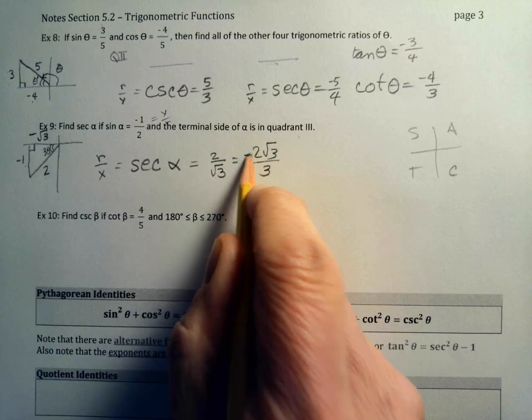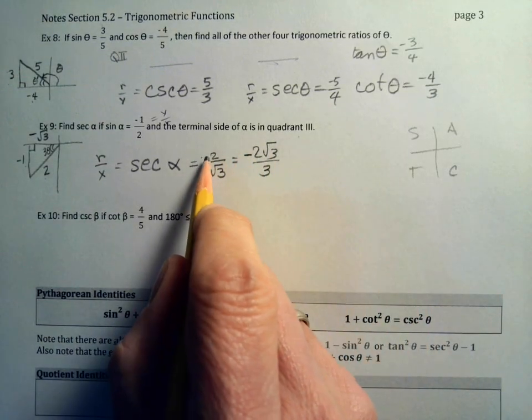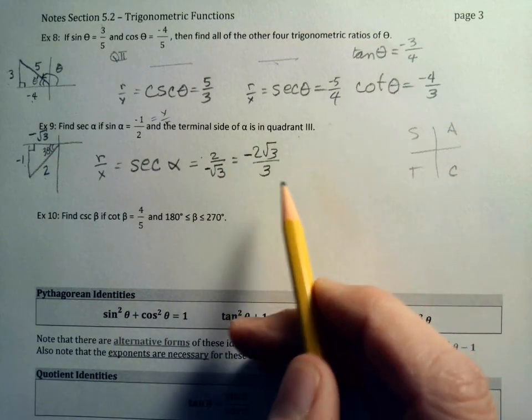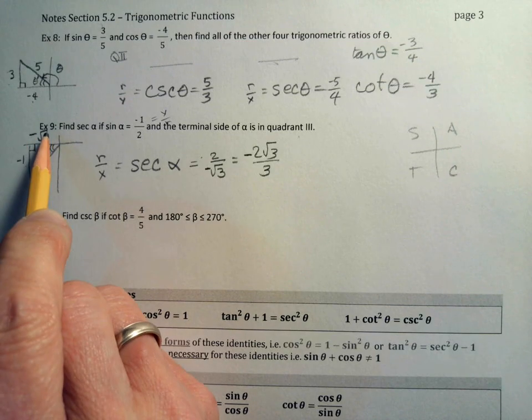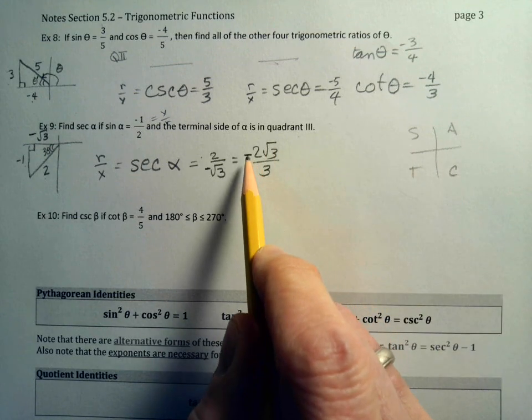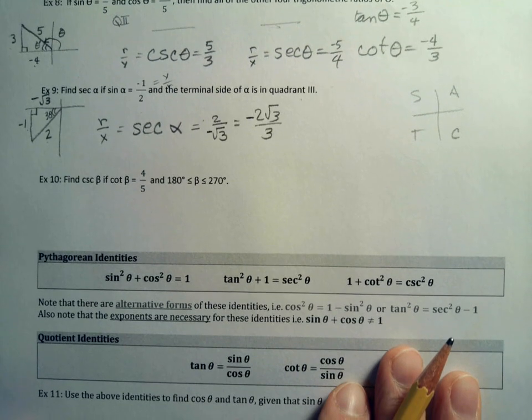So make sure that you put a negative in your answer at the end. It wouldn't be bad to go ahead and put it in here as well. If you don't remember to put the negative here because you go to the left, so it's negative, make sure that you're checking your all students take calculus to make sure that you're not losing a point for that negative sign.